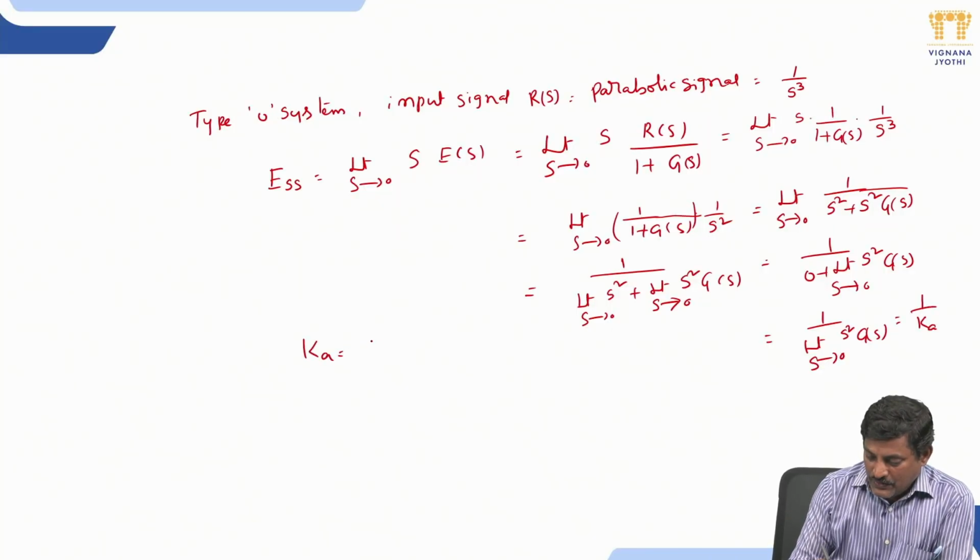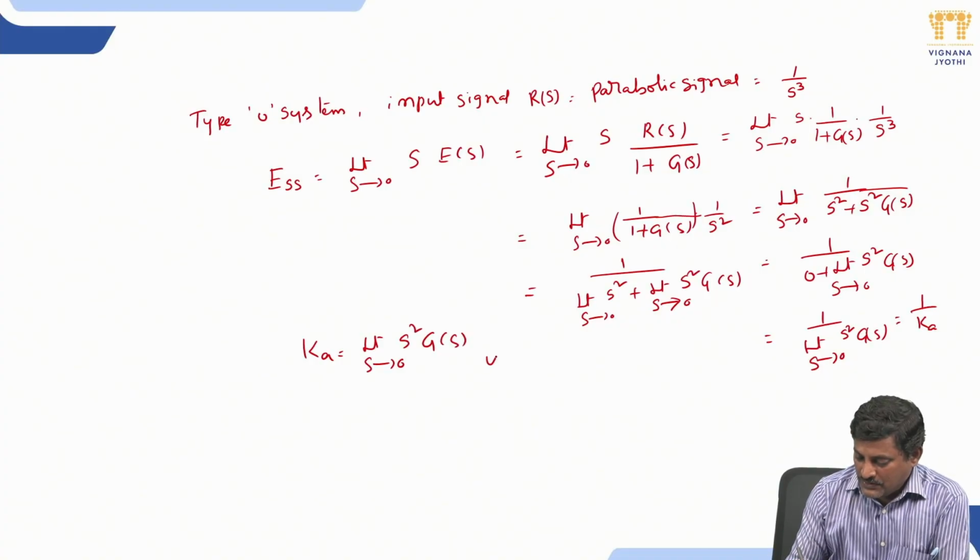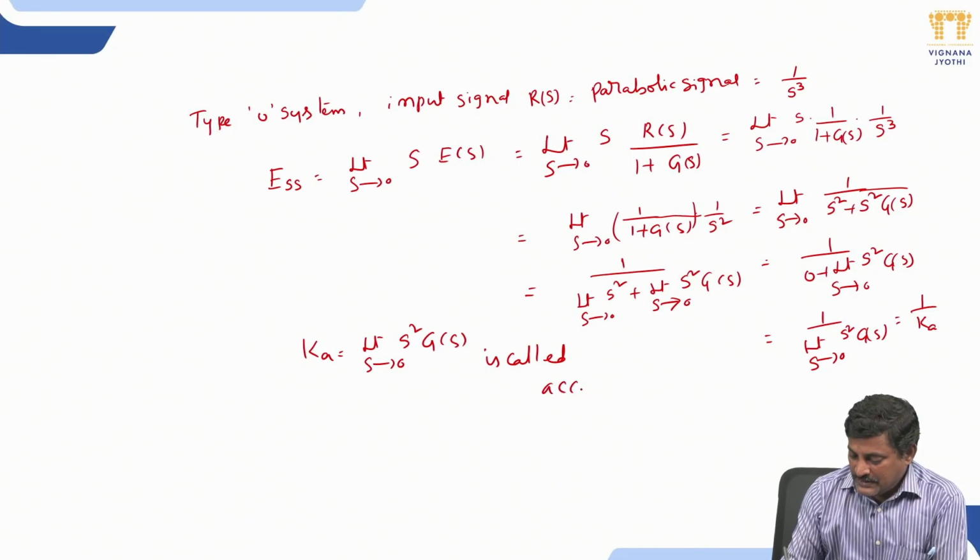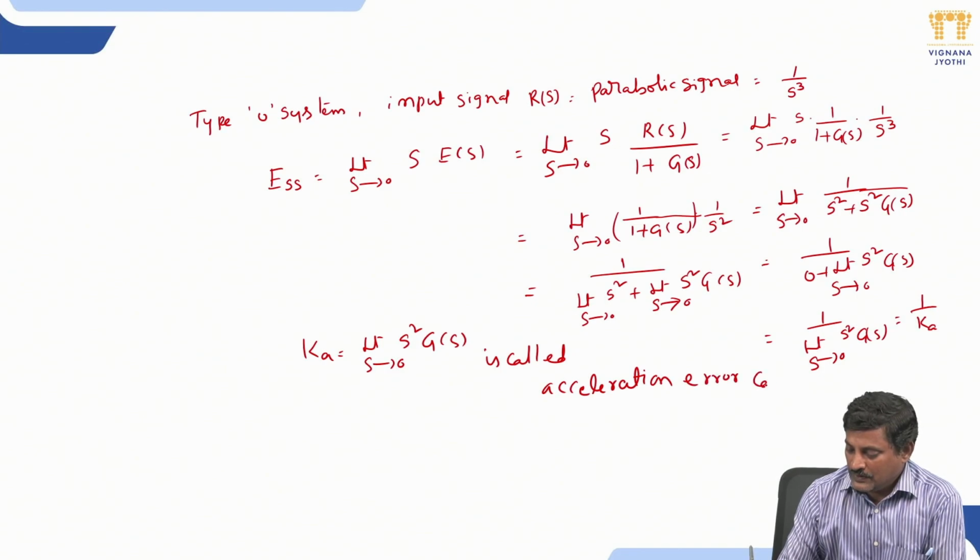is limit s tends to 0 of s square G of S, called the acceleration error coefficient.